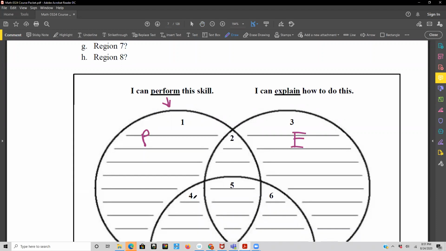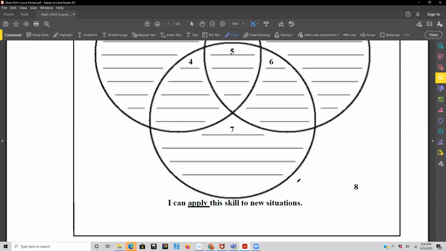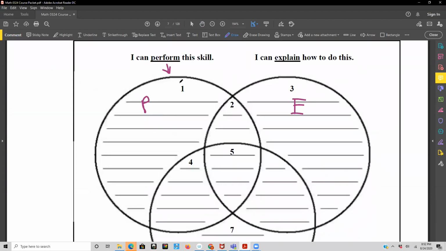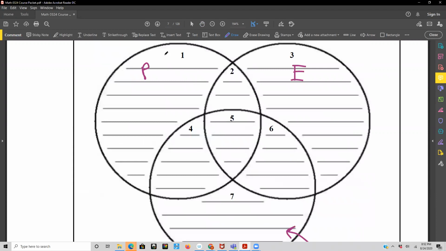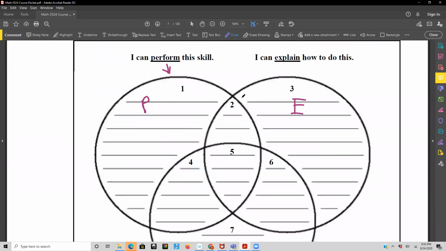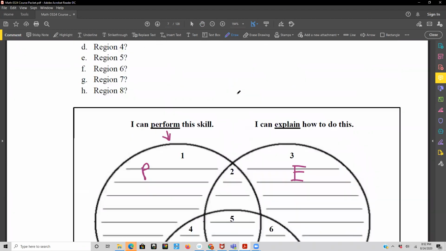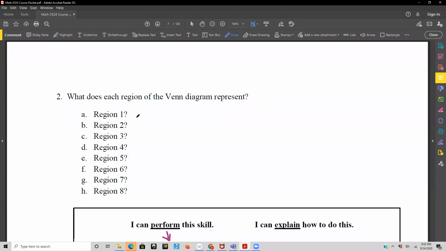So region 1, you'll notice that that's only perform. That means I can perform the skill, but I can't explain it and I can't apply it. So I can perform it, but not explain or apply.